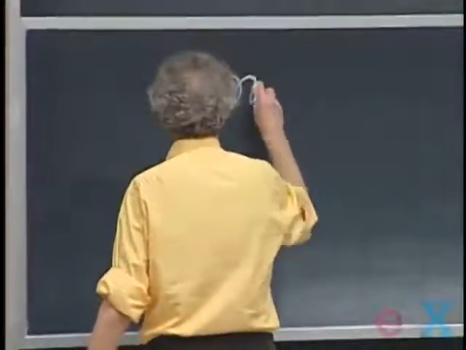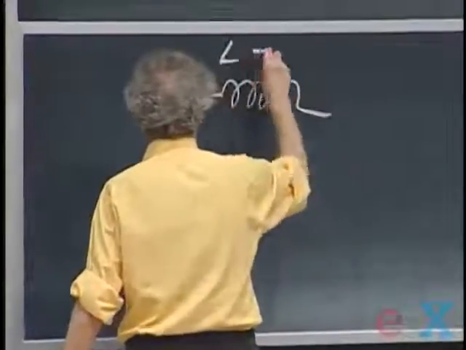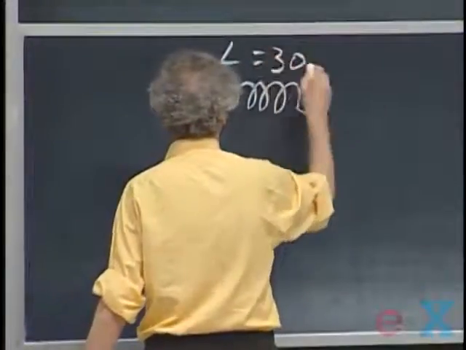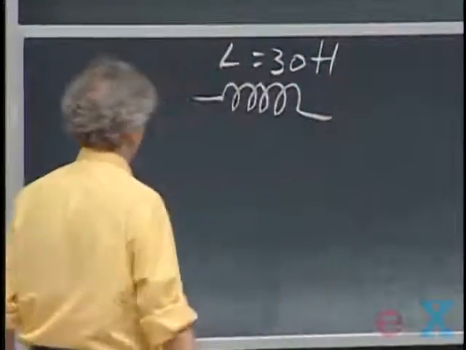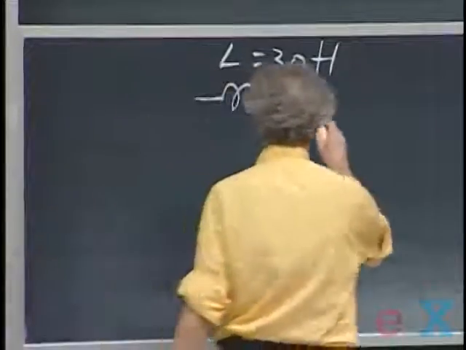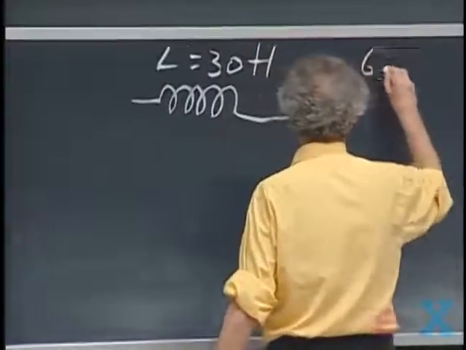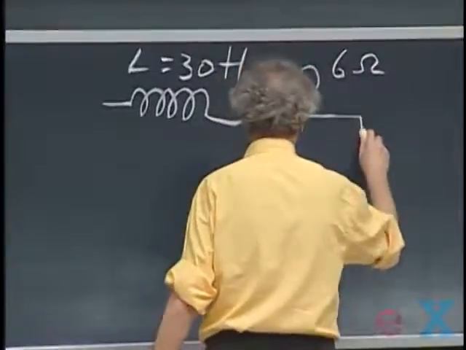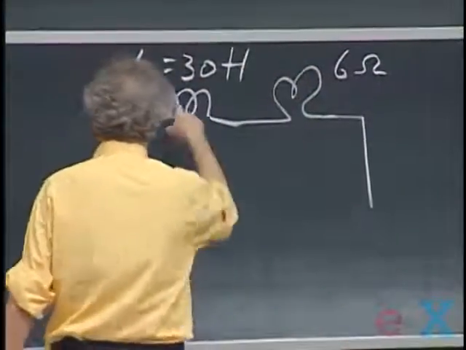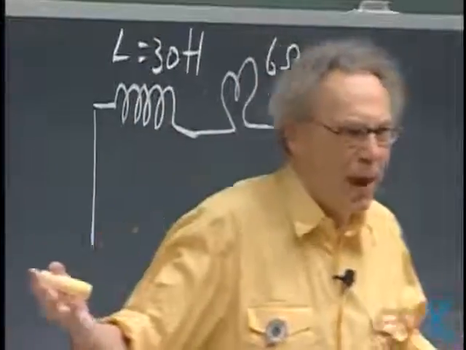I have here an enormous self-inductance, L, 30 Henry. We will learn later in the course how you make such a high self-inductance. And then here is a light bulb. The light bulb has a resistance of 6 ohm. This self-inductance, there is nothing we can do about it, happens to have 4 ohm resistance.